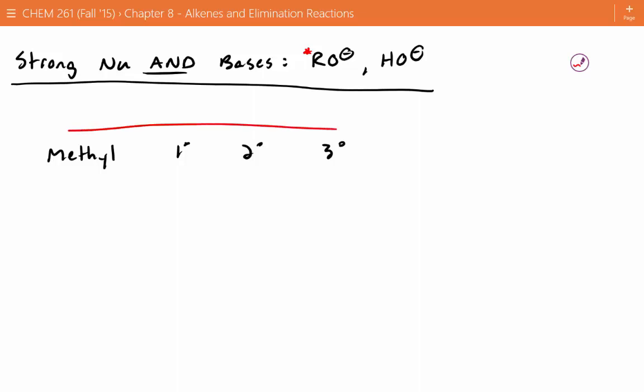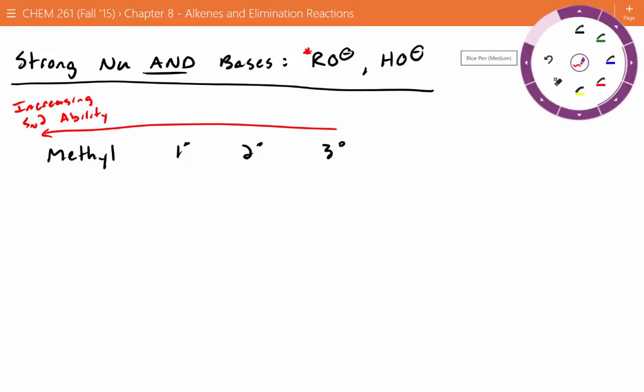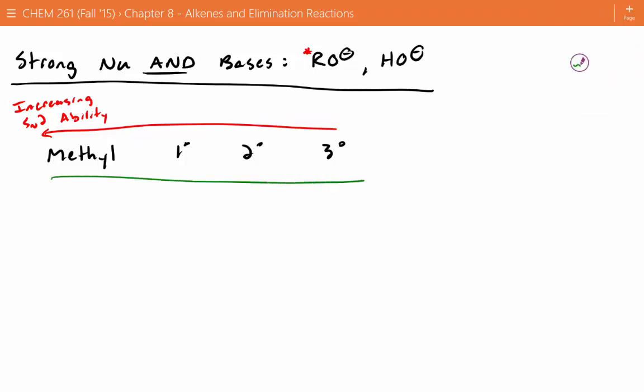So we'll say, all right, increasing SN2 ability. All right, and then if we're looking at our E2 reactivity, is it ever going to work on a methyl? No. So in this case, E2 reactivity tends to be a little bit faster as we get towards the tertiary carbons.